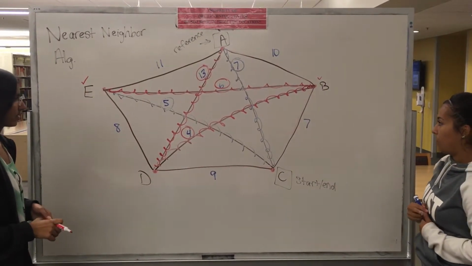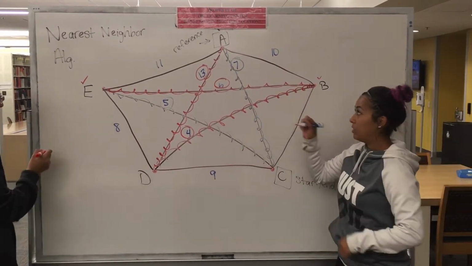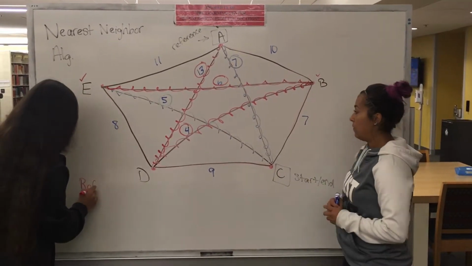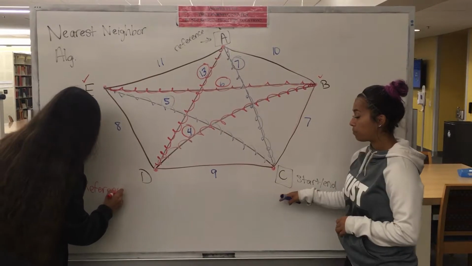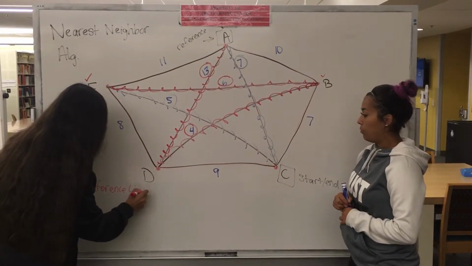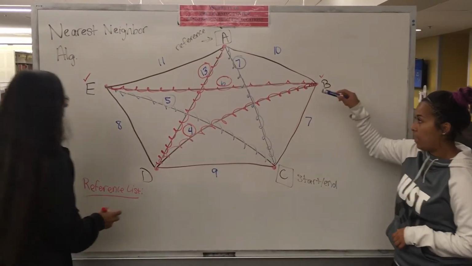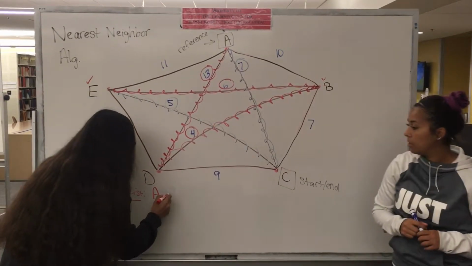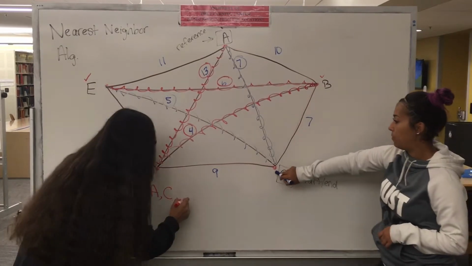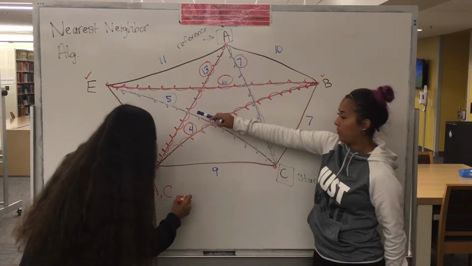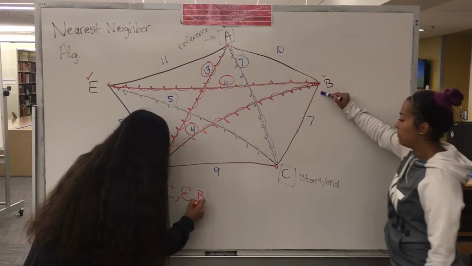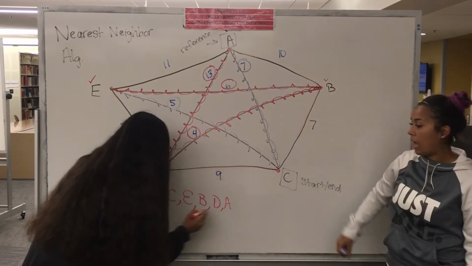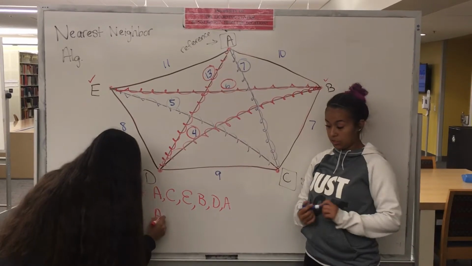Read out the total. So now, since we have to do our reference from A, we're going to pretend we started from A, even though we really started from C. So when we write it out, it's going to be A, and again, you can go either way, either to D or to C. So C, and then from C to E, and then from E we went to B, and from B we went to D, and then back to A. You have to list both of these A's because it's a circuit.